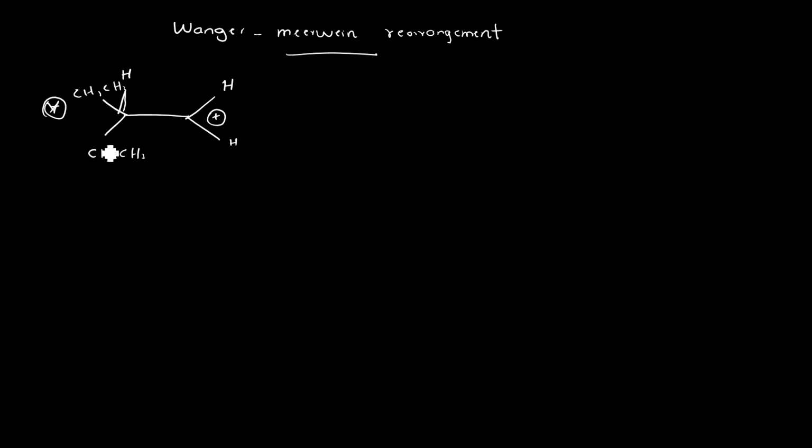Why? Because there is an electron push from these two R groups, but there are no R groups on this particular carbon. So there is a hydrogen. This hydrogen can shift to this place by breaking this bond and forming this new bond. So we can obtain our new structure.